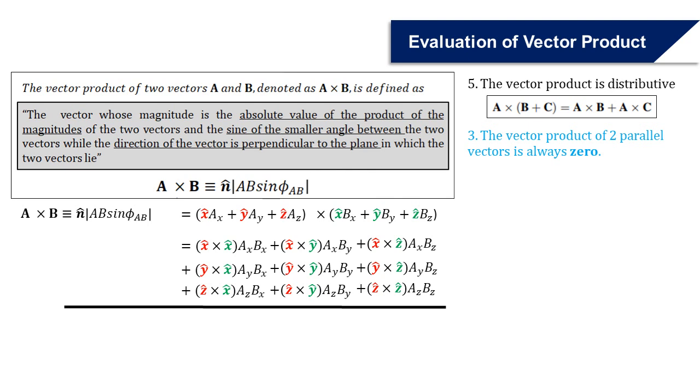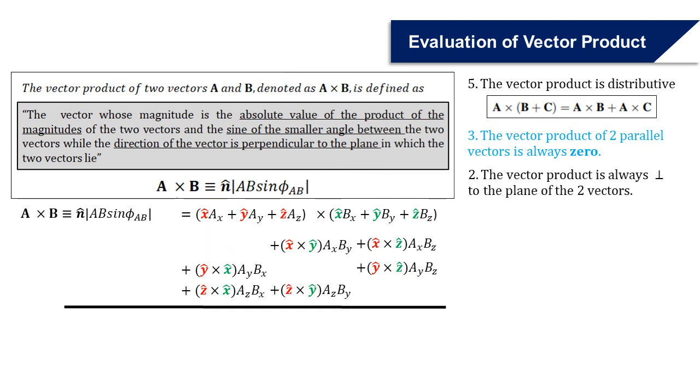So, yan sila, no? So, paano na yung susunod? Another property na magagamit natin to evaluate itong particular na expansion na to is that the vector product of two parallel vectors is always zero. So, mapapansin natin yung mga parallel vectors like itong x cross x, y cross y, then z cross z. These are parallel vectors. So, therefore, magiging zero na yun. Mawawala yan sa ating equation. Okay?